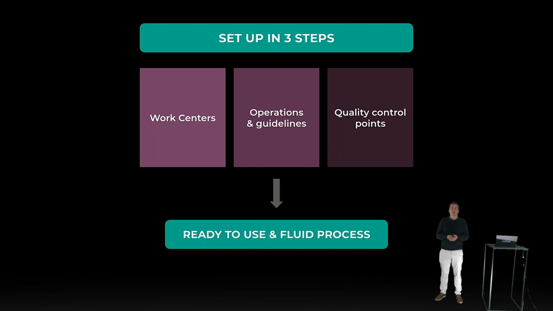Now it's directly in the tablet view, so the worker can see very easily what he has to do. And he can easily navigate between the different pages of these instructions. And finally, if you want to set control points, the control points are instructions that you give on the tablet view for the workers.